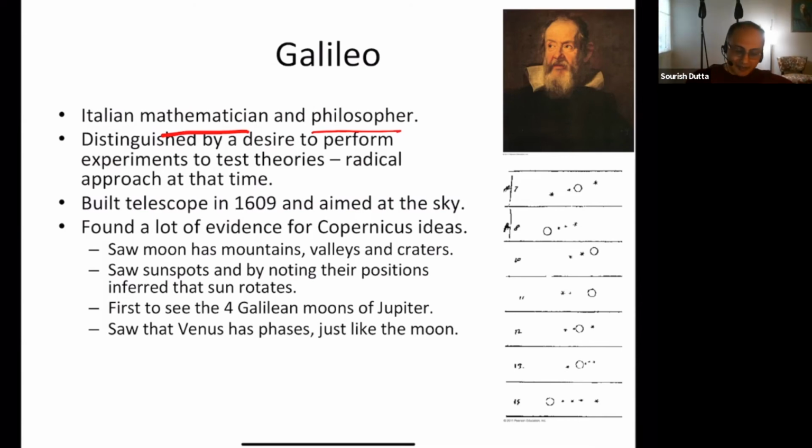Now, one of the amazing things about Galileo was that he knew, somehow, he just knew right from the time he was a little kid, that the way Aristotle and other philosophers of his time think about the world is completely wrong. So Aristotle's way of reasoning about the world was reasoning through first principles. So they would just take some facts which they thought are self-evident truths. You don't need to prove them.